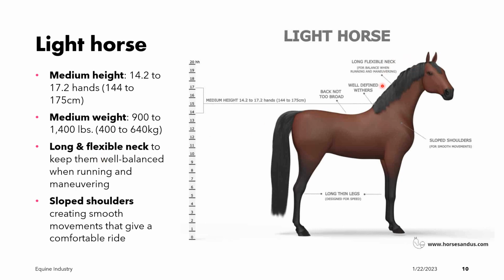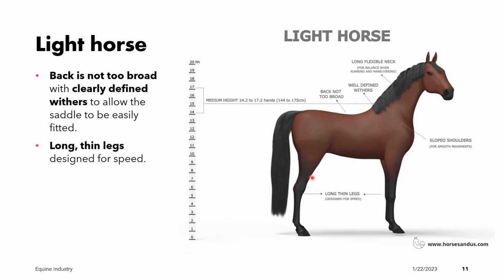It has a long and flexible neck to keep it well balanced when running and maneuvering. It has sloped shoulders, creating smooth movement that gives a comfortable ride. In terms of utility, light horses are usually used in riding, driving, and racing.